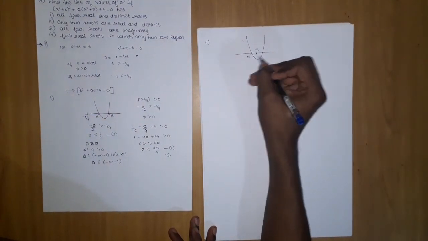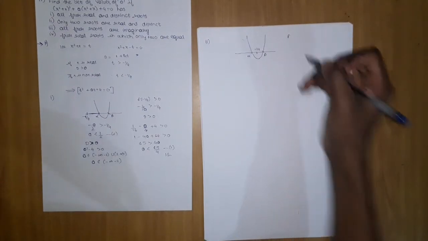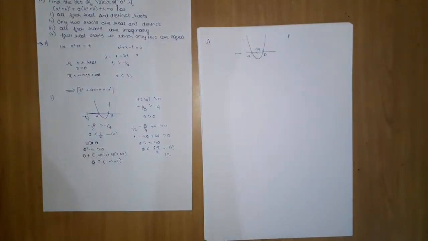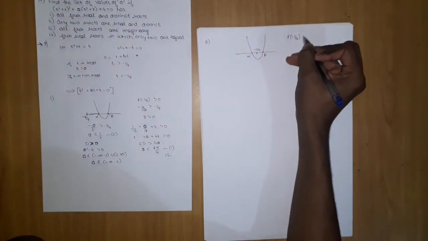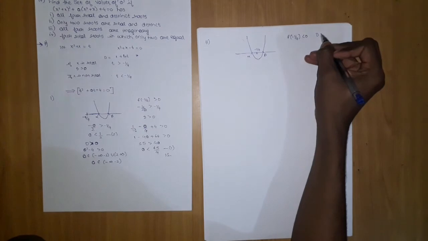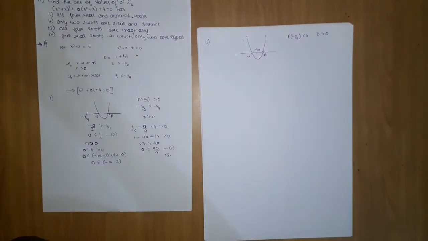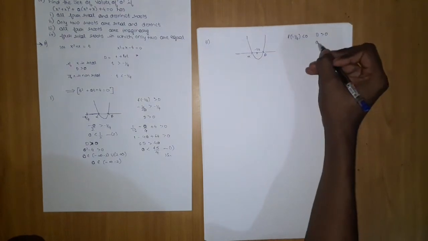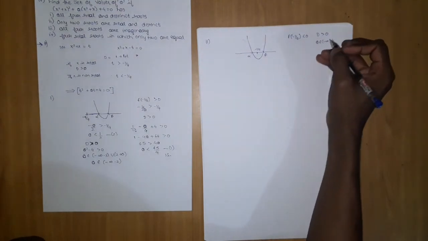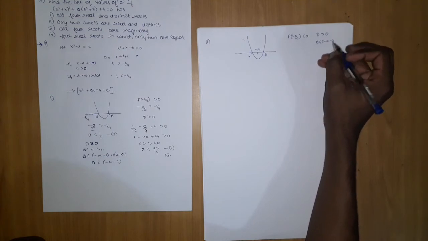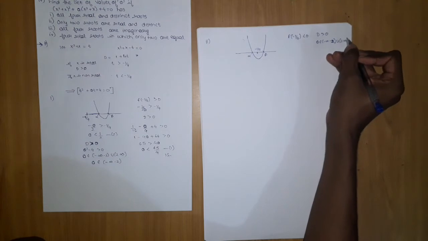If it is alpha and beta, what is the condition for this to happen? The conditions are as follows: f of minus 1 by 4 should be less than 0 and D should be greater than 0. For D we have already solved D greater than 0, which gives a belongs to minus infinity to minus 2 union 2 to infinity.